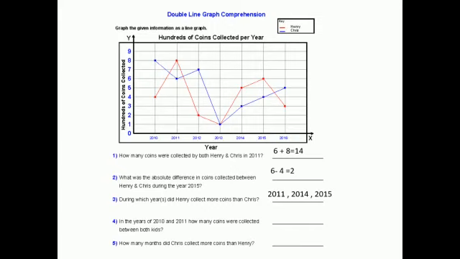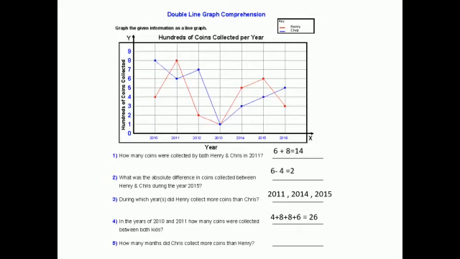Clear? Okay. In 2010 and 2011, how many coins were collected by both kids? So 10 and 11. 2010 means 4 and 8, again 2011 is 6 and 8. So you will get a total of 26 between 2010 and 2011 by both kids.